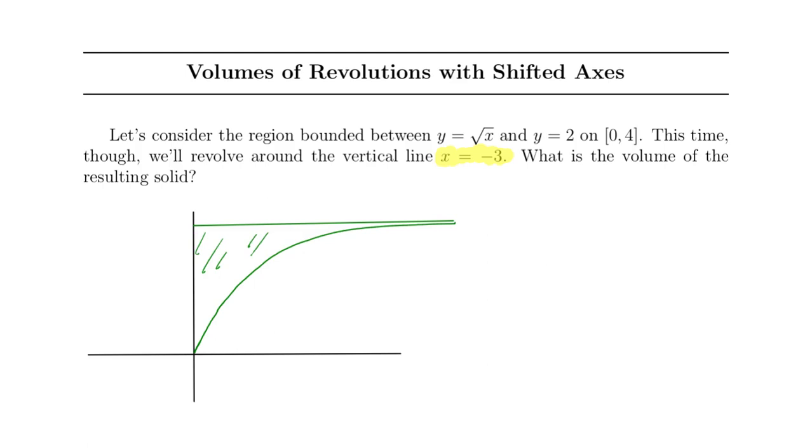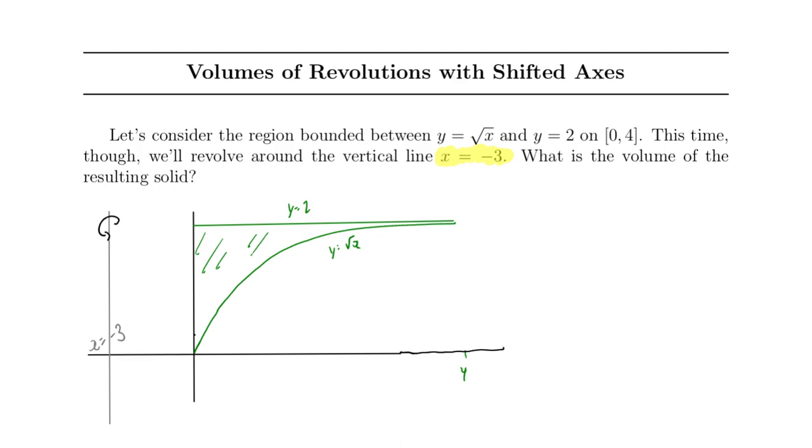But now we're going to be revolving around this axis over here at x equals -3. So here's our square root function. Here's y equals 2. From 0 up to, I'll just say like up here, is 4. Let me extend this axis out a little bit. There we go. And we're going to revolve around this thing now.